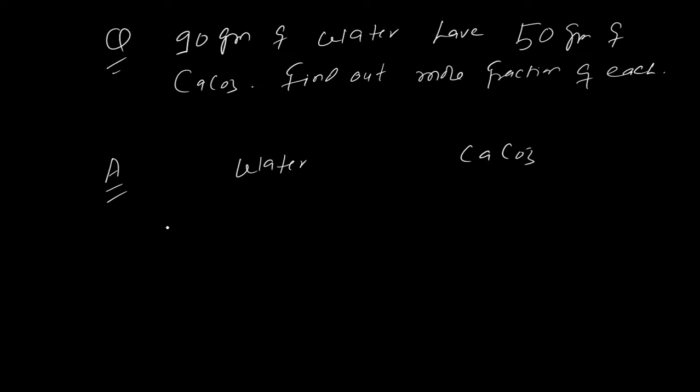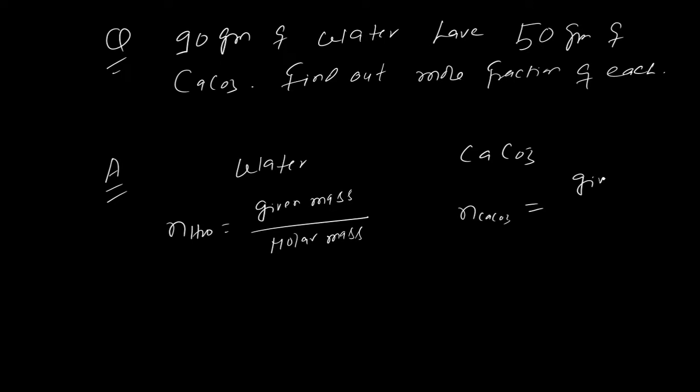So what is the formula of the number of moles? Number of moles of water is equal to given mass upon molecular mass or the molar mass, as you have already discussed. In a similar way, you also have to find out the number of moles of calcium carbonate. So this will be equal to the given mass of calcium carbonate divided by the molar mass of calcium carbonate.